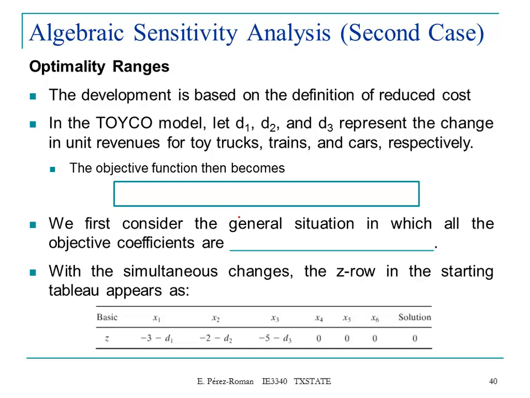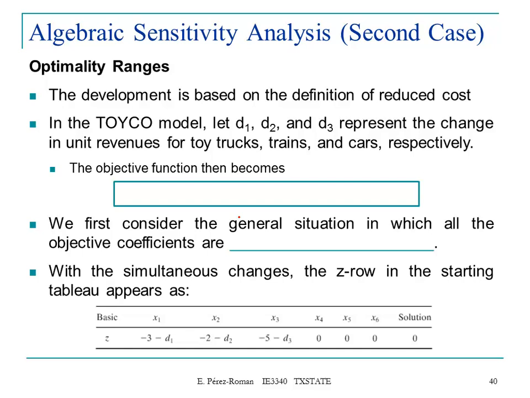So we need to find those optimality ranges, as we did for the right hand side. The first thing we saw in this class today was how changing the right hand side of the constraint, the number of units that you have available for each operation, would affect your optimal solution. Now we are looking at the second case, which is how changing the price of the product affects your optimal solution.